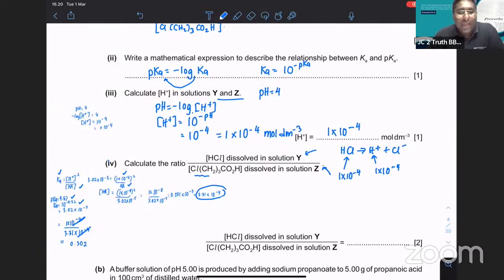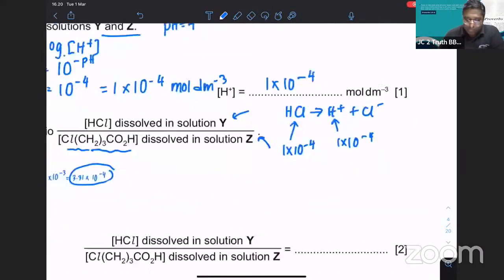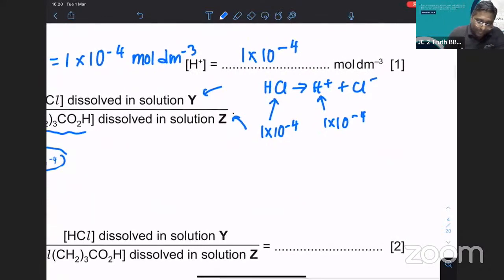So the next thing that we need to find out is for the weak acid. For the weak acid, we have a formula. You already know the H plus. Using H plus, how do you find the concentration of a weak acid?